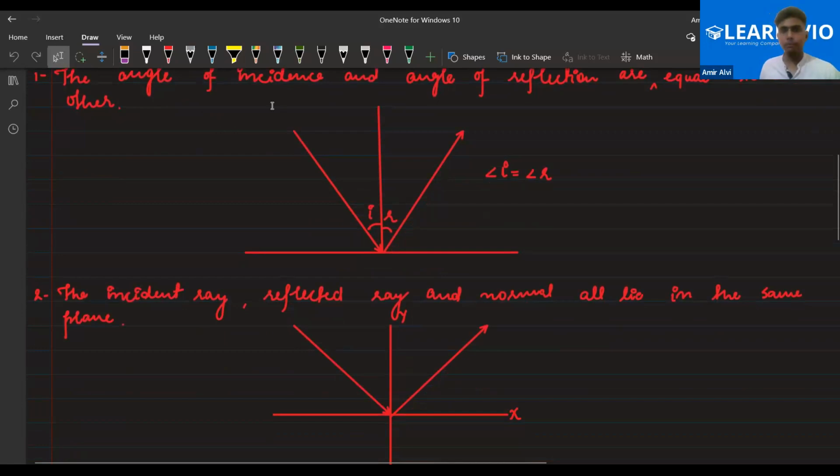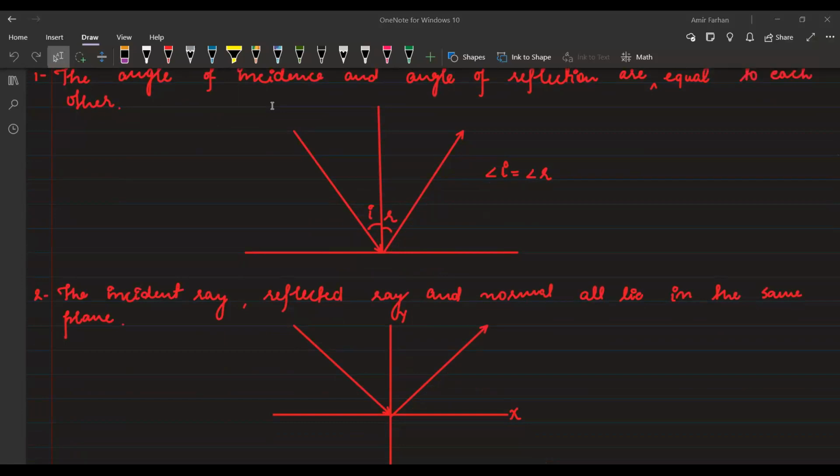Just a moment, my pen is a little bit hanging. Just a moment. Let me fix my pen again. Just a moment.